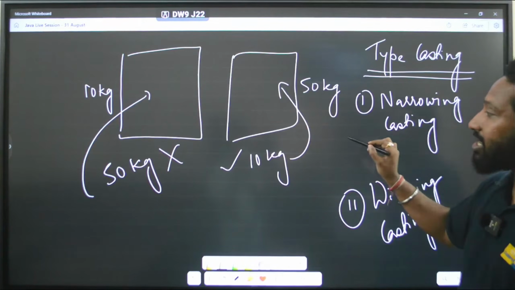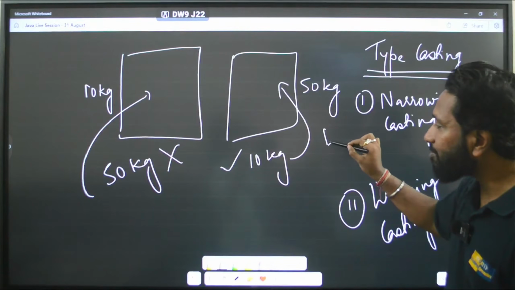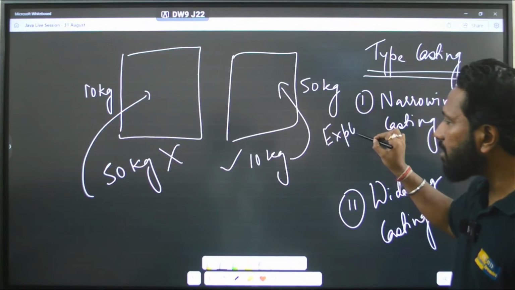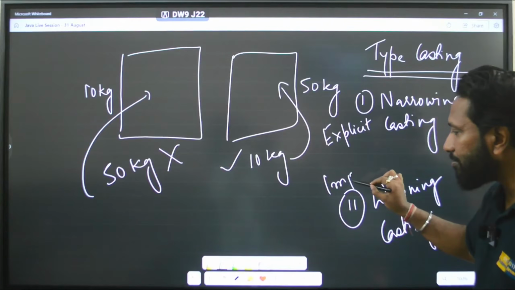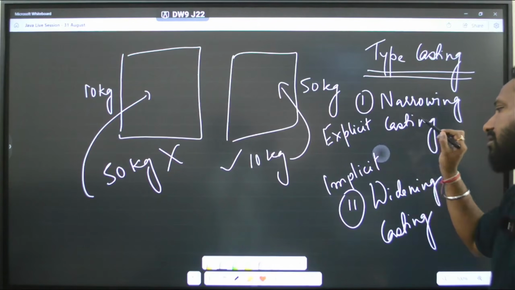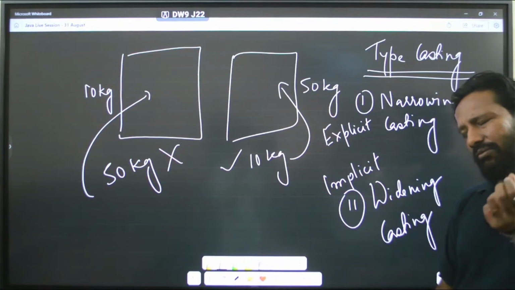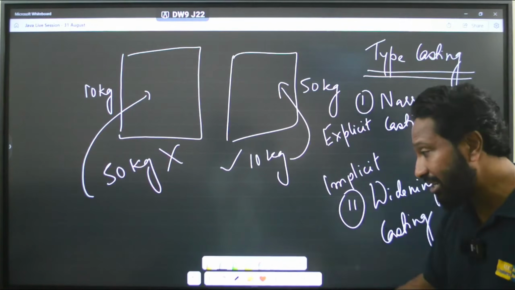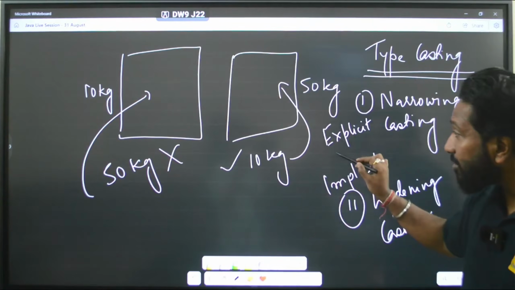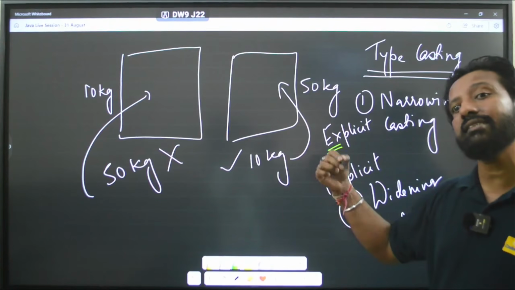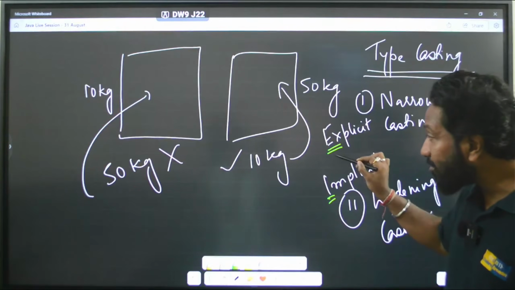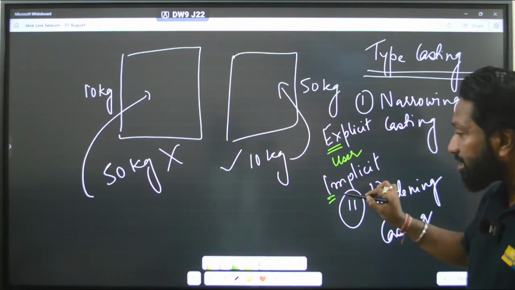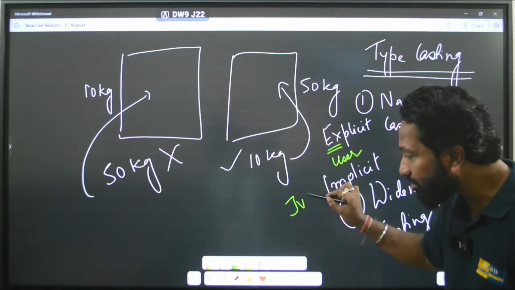So narrowing casting is called explicit, widening casting is called implicit. So very easily remember this, I am telling you. When you have x, it is externally. When you have i, it is internally. So externally who will do it? The user. Internally who will do it? The JVM will do it.